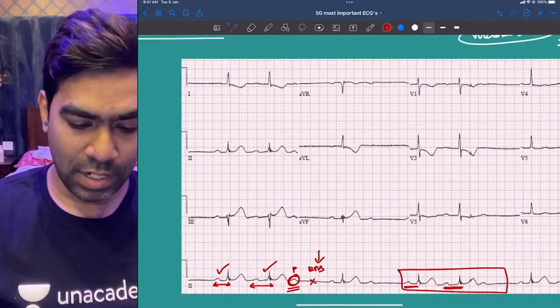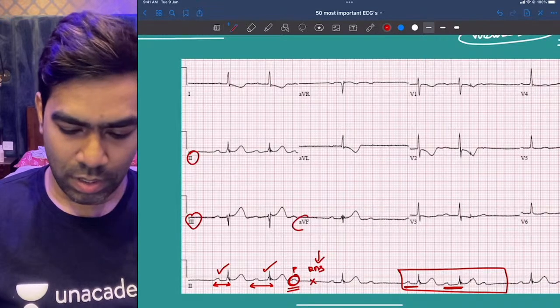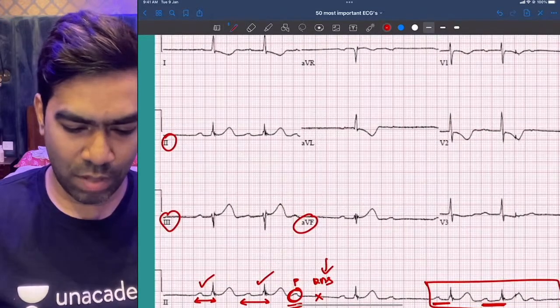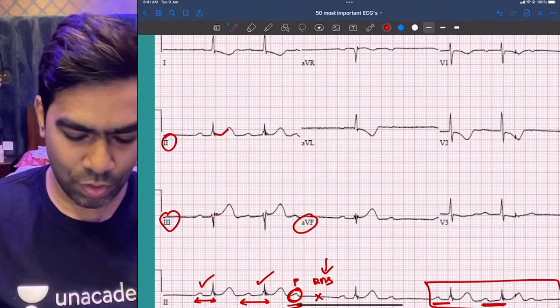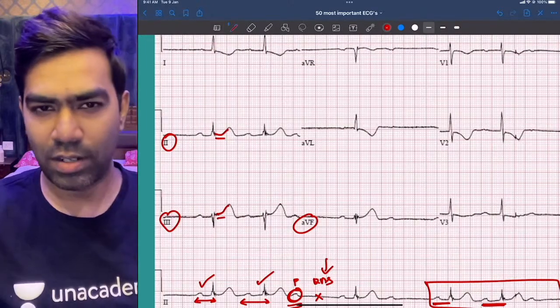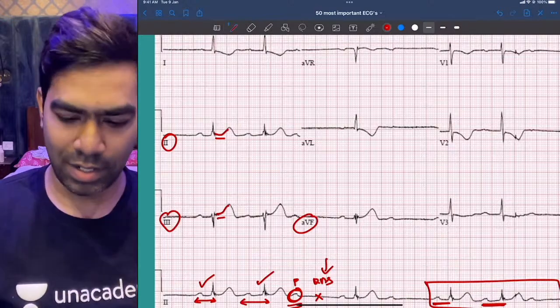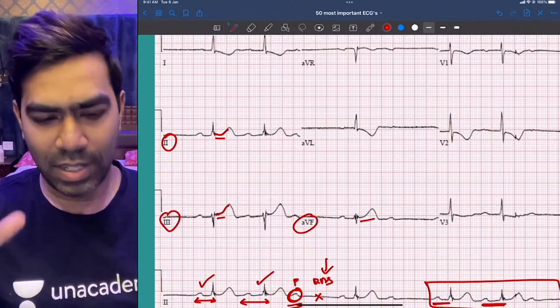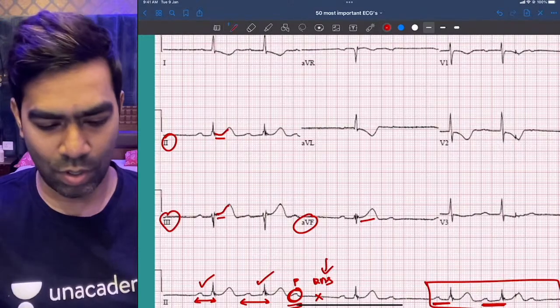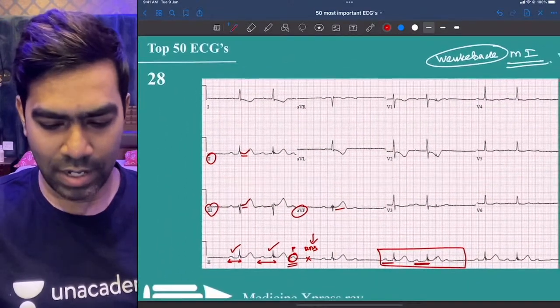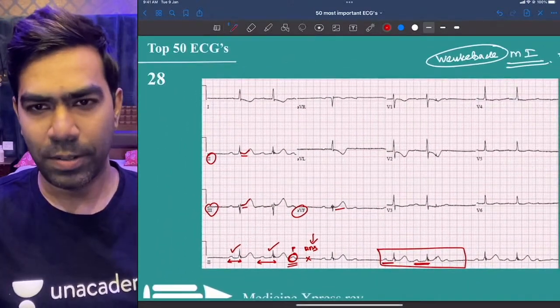Look at what's happening in leads 2, 3, aVF. I'm not very sure, but in my eyes I can see a bit of ST elevation for sure. It's not fitting into the criteria, leave that, but for me there is some ST elevation in 2, 3, aVF. A little bit is there, definitely. So that is suggestive of a probable inferior MI.